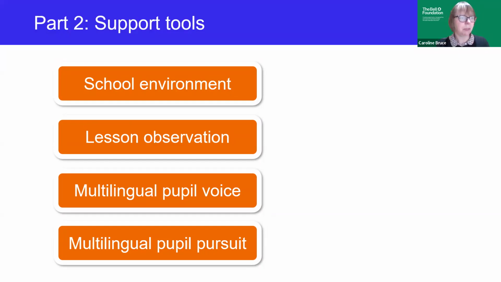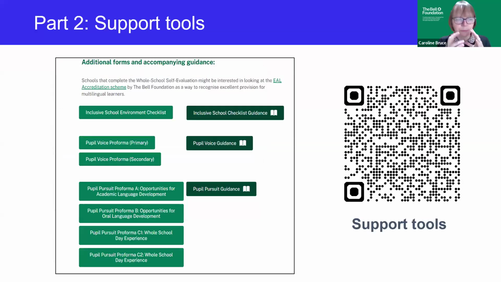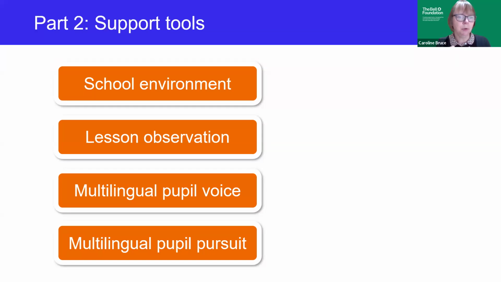So you might want to simply gain a better understanding of a specific area of EAL provision that you'd like to understand in much greater detail. So the 4 tools address, first of all, school environment, lesson observations that focus on language development, multilingual pupil voice, and multilingual pupil pursuit, or sometimes known as shadowing.